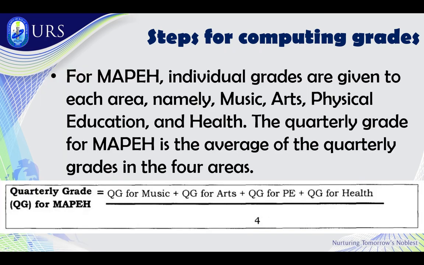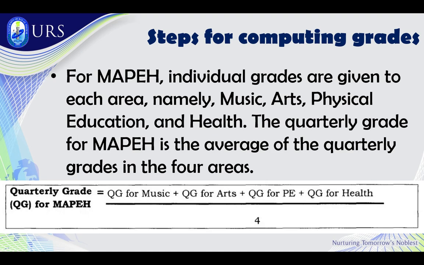So, tulad nga po na sinabi ko kanina, for MAPE, individual grades are given to each area, namely music, arts, physical education, and health. The quarterly grade for MAPE is the average of the quarterly grades in the four areas.